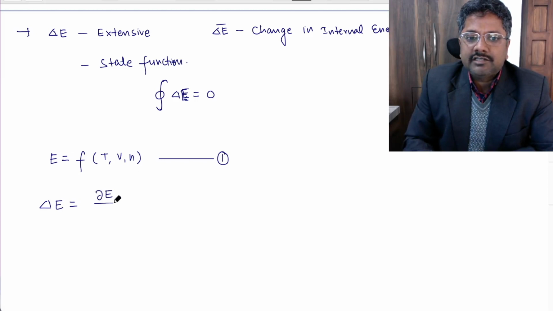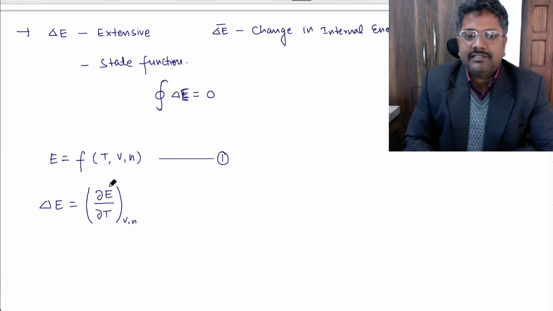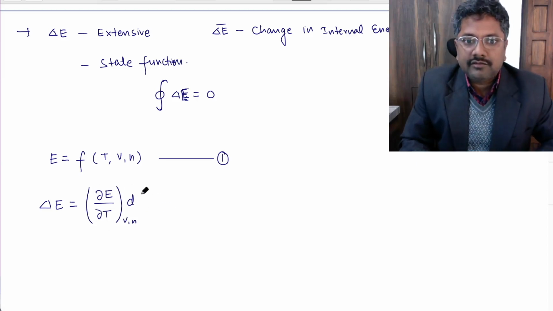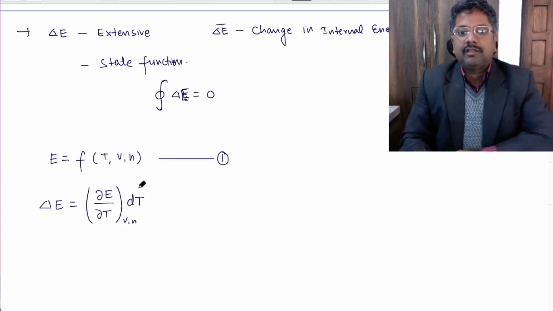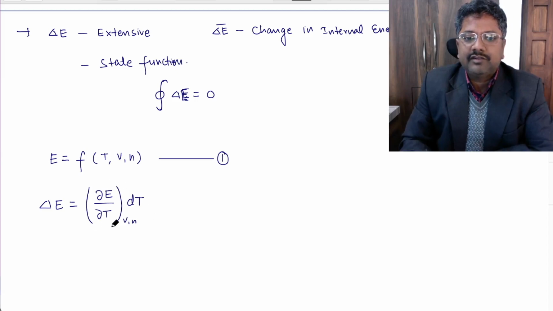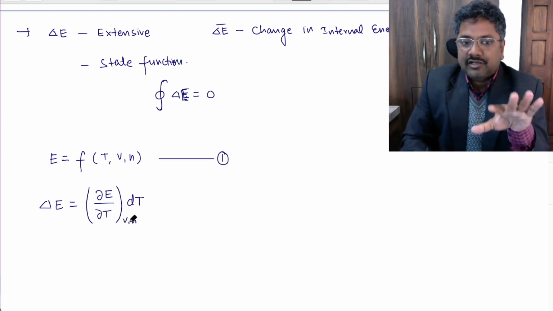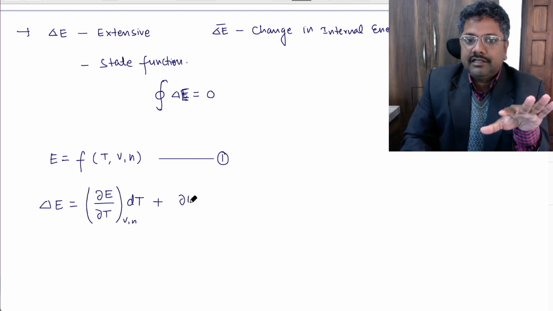See, change in internal energy per unit change in temperature is del E by del T at constant V and N. If you multiply this with the total change in temperature dT, you will get the total change in internal energy for that temperature change, plus del E by del V at constant T and N, dV.